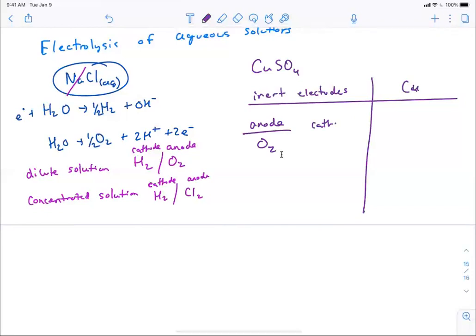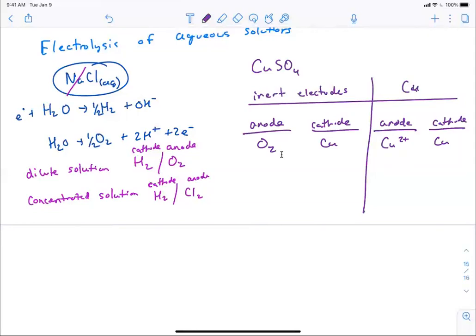But the cathode will be Cu based on the cell potentials. In the copper, the anode will oxidize into Cu2 plus, and the cathode will produce Cu. So there's no net change in that one.